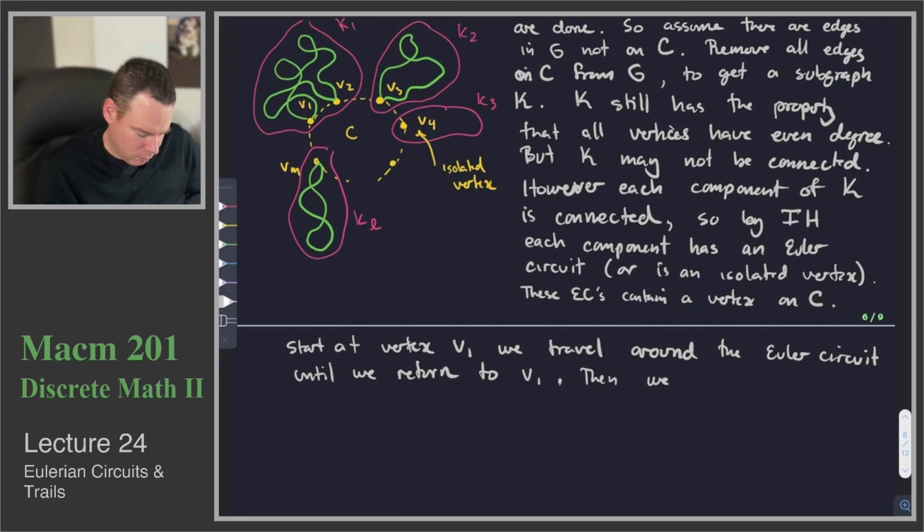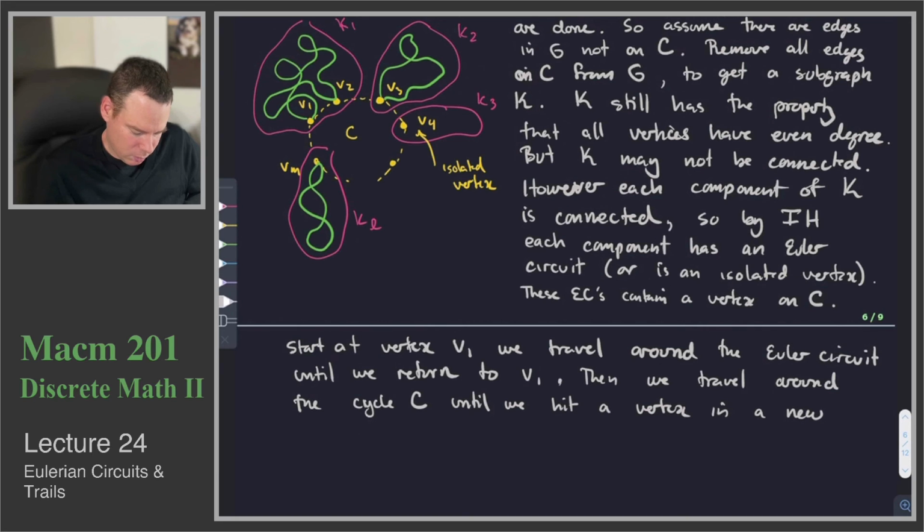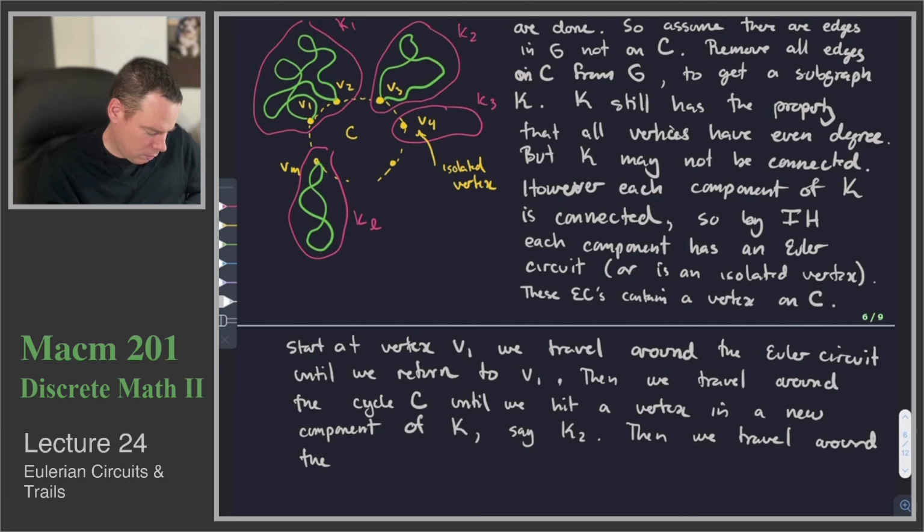Then we travel around the cycle C until we hit a vertex in a new component of K. Let's say that new component is K2. Then we travel around the Euler circuit of K2.